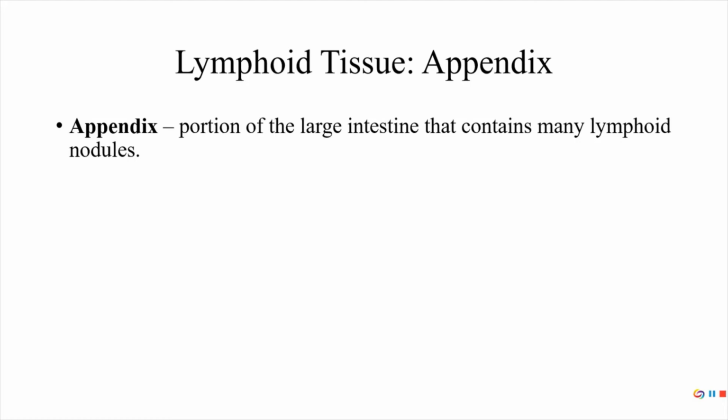This is in the large intestine, and there's a lot of lymphoid nodules. Now, having it removed is not going to have severe suppression of immune functions. It wouldn't be like if you lost some other more important organs. But it is an organ that your body does use.